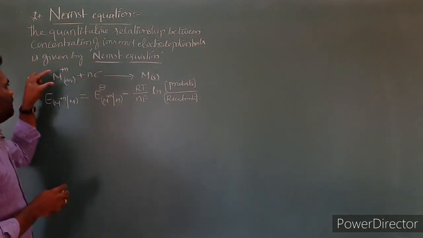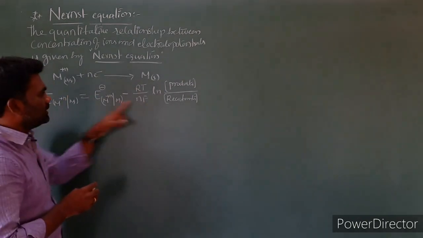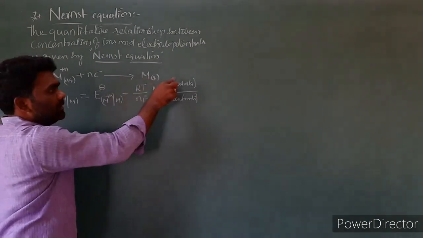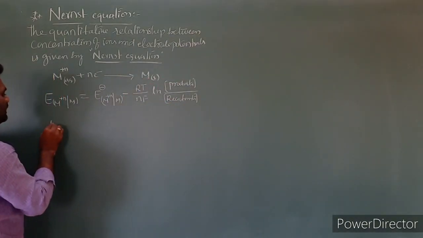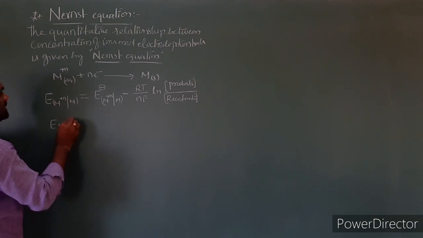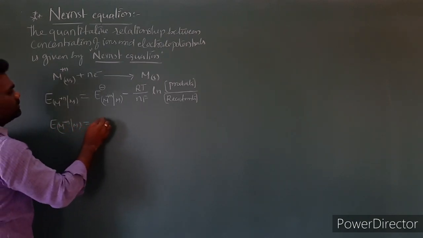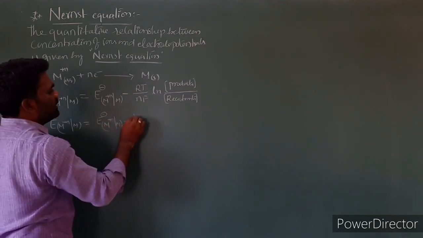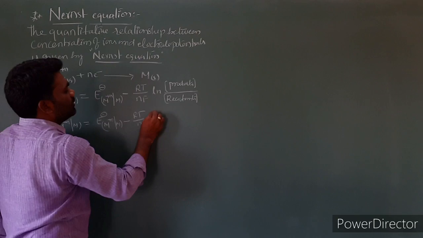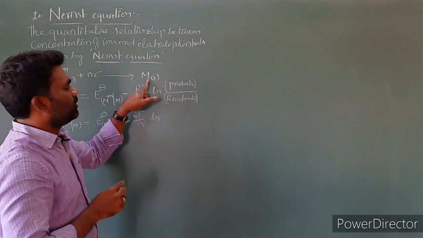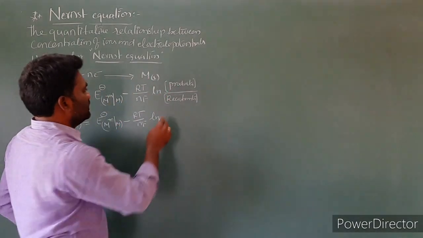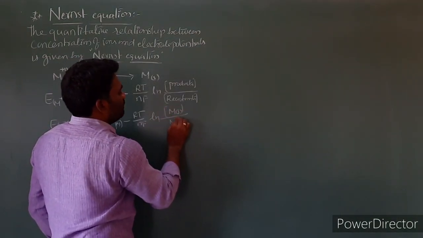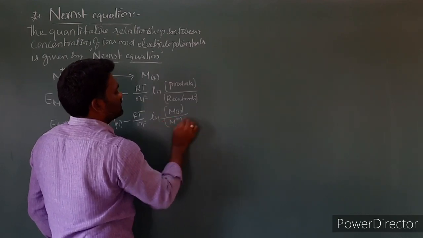Now let us apply this equation, substituting the products and reactants. Then we will get E of M^n+/M equals E° of M^n+/M minus RT/nF ln of products by reactants. What products do we have? M. What reactants do we have? M^n+. So the product is M in solid form, its concentration, by M^n+ aqueous, its concentration.